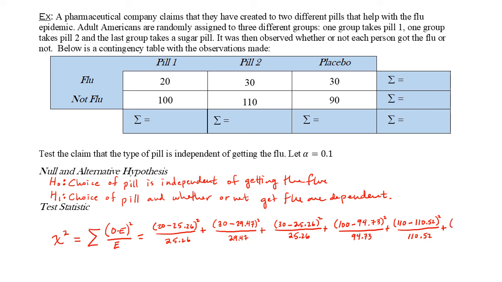And then for the last entry, we observed 90, and the expected value was 94.73. Okay, so when we sum all these up, that'll give us the chi-squared value for our test for independence. Let's move on to the next slide, where we can use the calculator to perform the test for us.